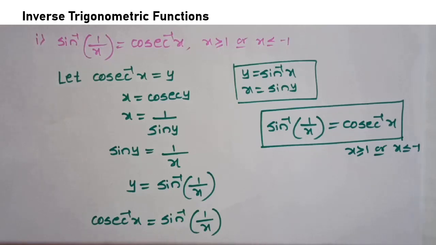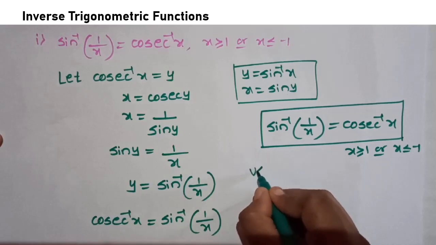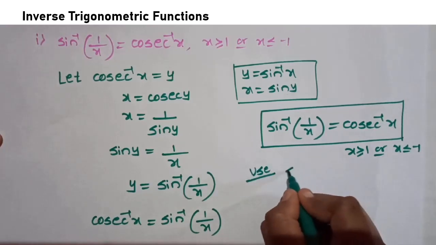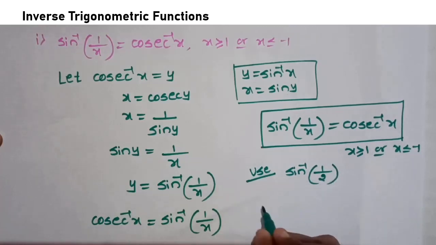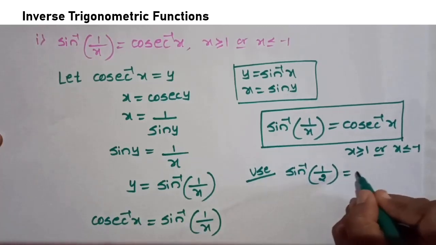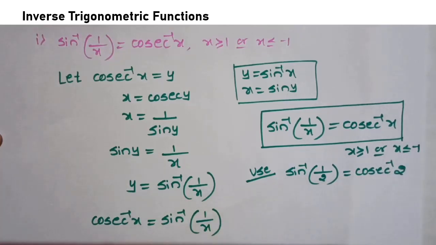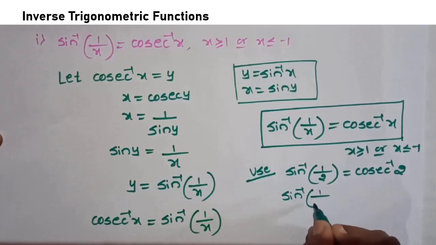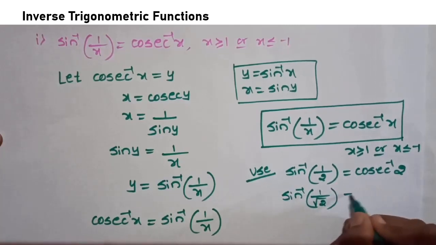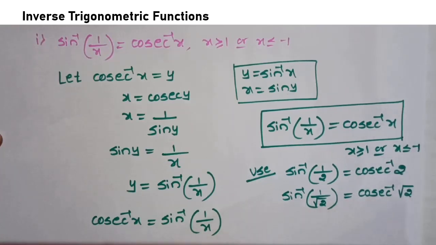So how to use this property? Using this property, sin inverse 1 by 2 we can write as cosec inverse 2. Like this we can use this property. Again we can write sin inverse 1 by root 2 as cosec inverse root 2.